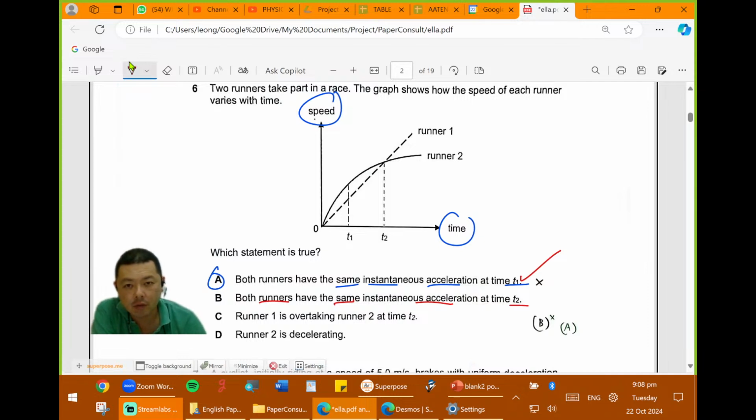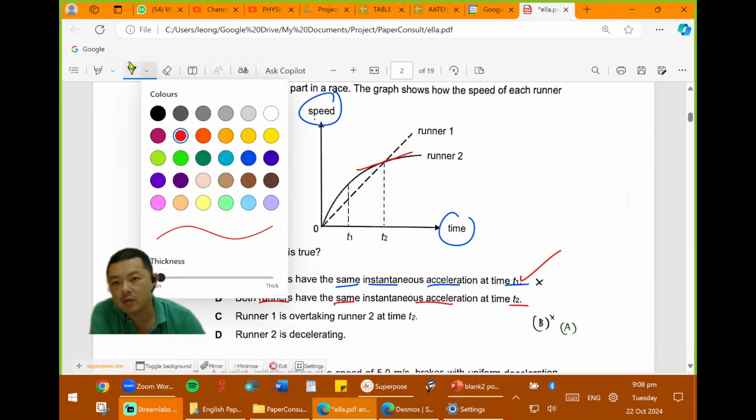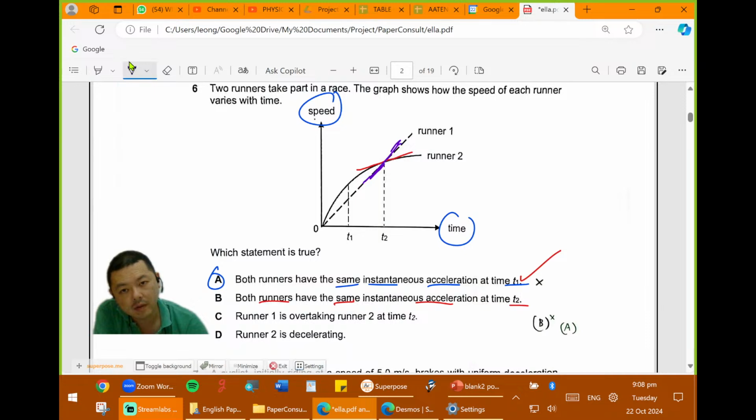The tangent at runner 2 for t2, the gradient is not the same as runner 1's gradient. You see runner 1's gradient is kind of like this, right? So the gradient is not the same. Therefore, B is wrong. Okay.